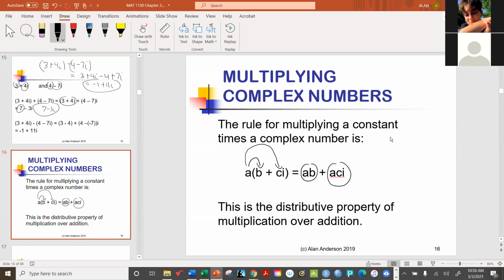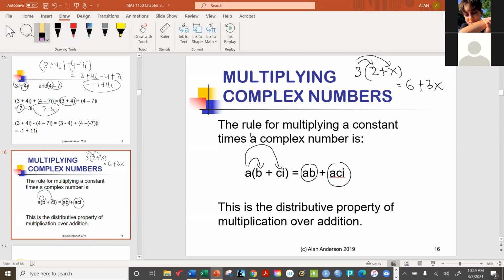Everybody knows this one. For example, if you came across something like 3 times 2 plus x, you would intuitively know that this equals 6 plus 3x. You may have even forgotten that this property has a name, but it is in fact the distributive property of multiplication over addition.